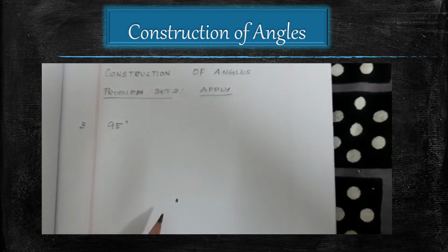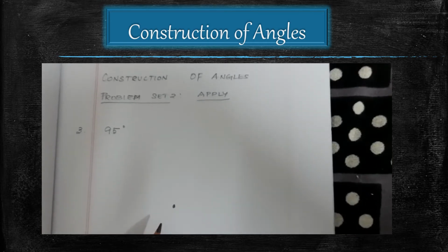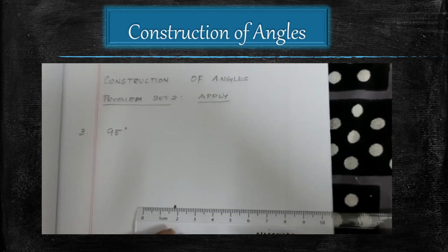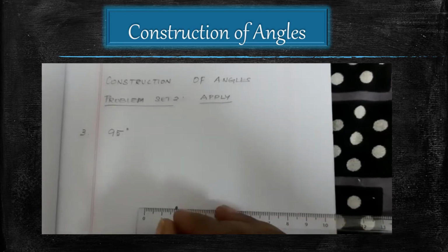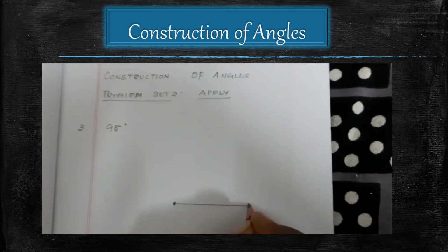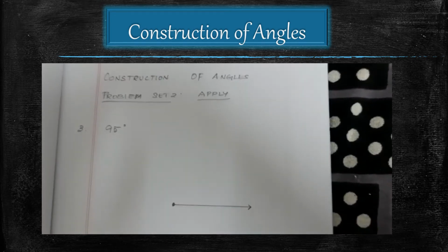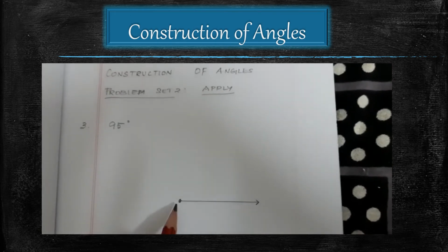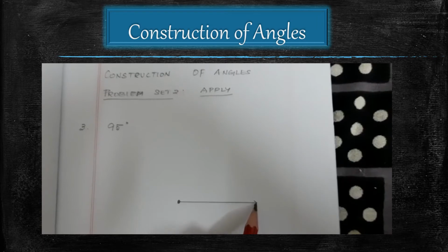That is going to be a vertex. Draw a ray. Ray means we have a starting point and in another direction it will travel endlessly. So I am drawing a ray, which is an arm of an angle. Here is the vertex, and I have drawn an arm.